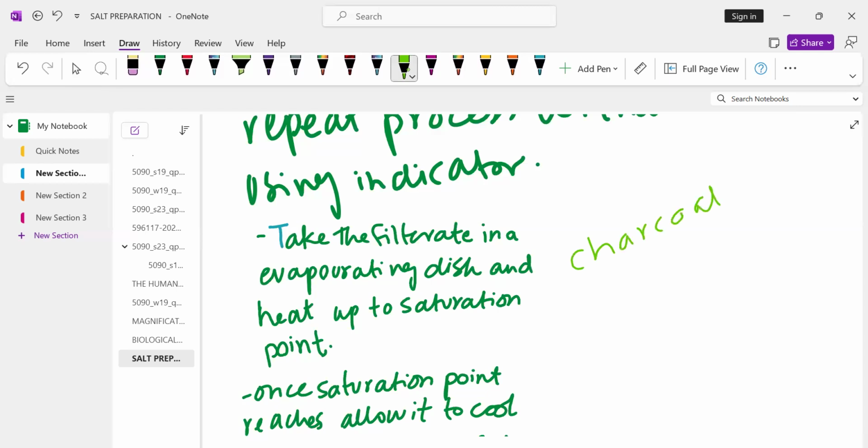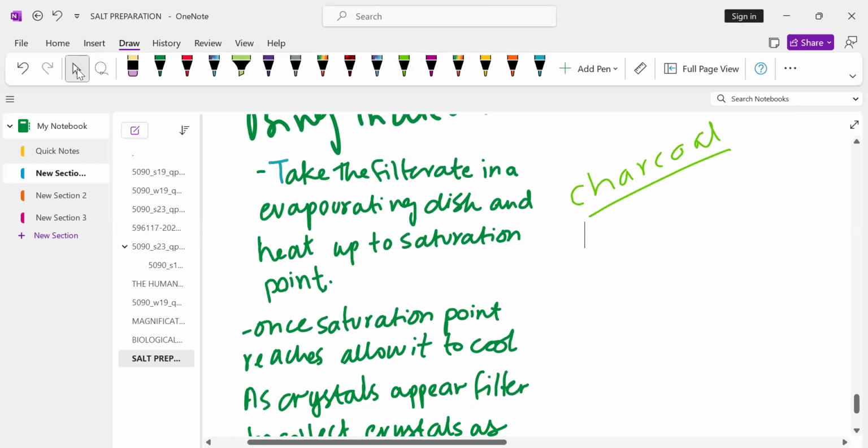Carbon powder is something that when you add it to the titration, instead of discarding the solution, it absorbs the impurities. You don't need to repeat the titration again. You can add this carbon because it absorbs impurities, and the impurity is that indicator.